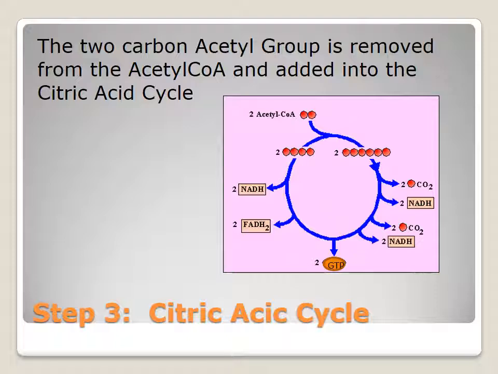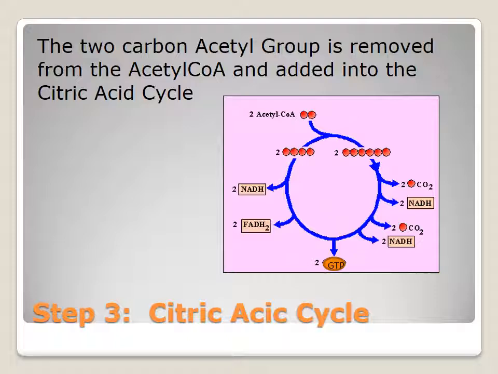Then you cut off 1 carbon dioxide from it. So now how many carbon are we down to? 2 carbon left, right? That's where we have our acetyl-CoA. That 2 carbon acetyl-CoA goes into the Krebs cycle and gets attached to a 4 carbon molecule. That 4 carbon molecule gets cut and releases carbon dioxide.